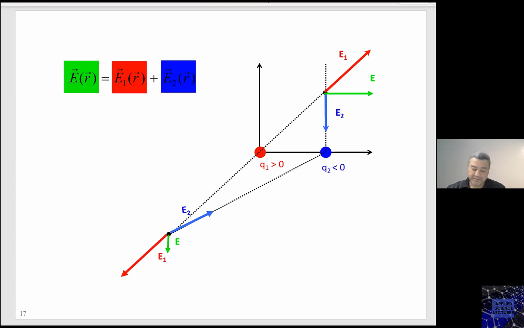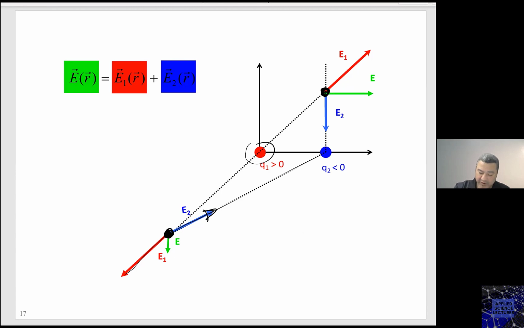For example, if you need to calculate the total electric field at this point and the total electric field at that point, you will see that you need to calculate the electric field due to Q1 and the electric field due to Q2 at this point. As you can see, this is a positive charge, that's why E1 is pointing away. This is a negative charge, that's why E2 is pointing toward the negative charge.